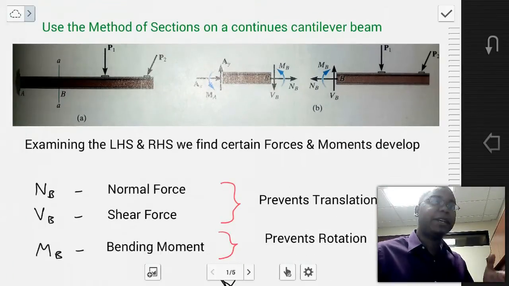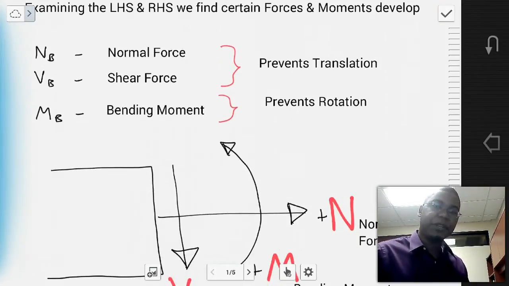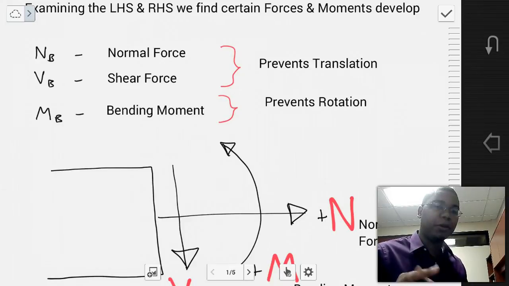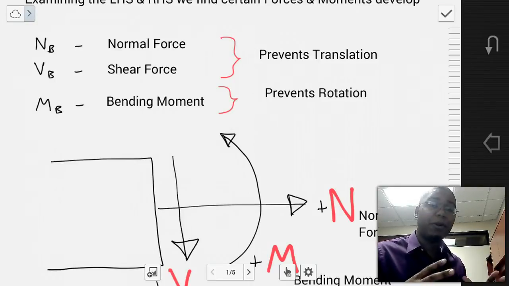When we take a slice of that cantilever beam, say we take the left-hand side of the section, we'll find that three types of load develop. A normal force develops, which is a force that goes along the direction of the beam. A shear force develops, which is transverse to the direction of the beam. Both of those forces prevent the translation of the body.